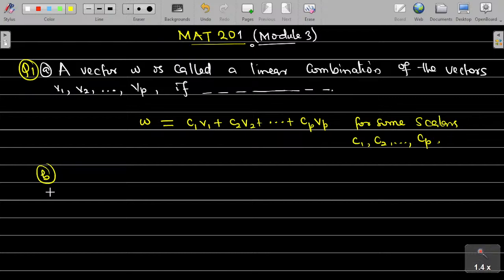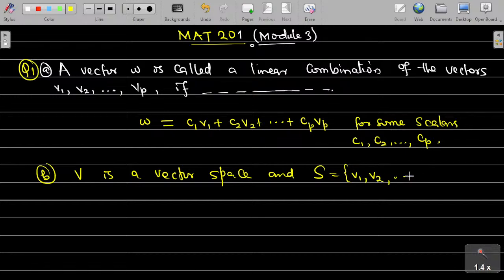From 1b I'm going to be reading the questions because we may not have all the time to write it. It says complete the definition. This is also another definition. It says let V be a vector space and S, which is given as the set of V1, V2 up to Vn, be a set of vectors.